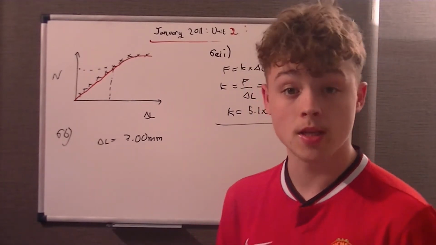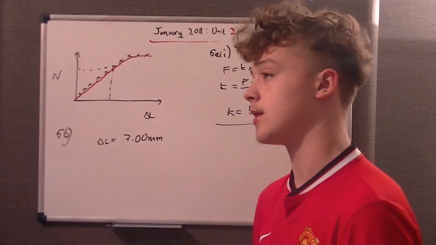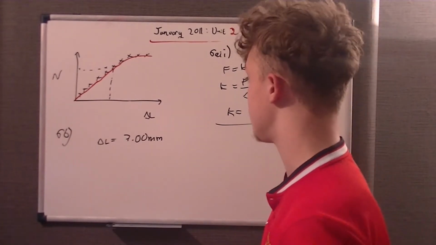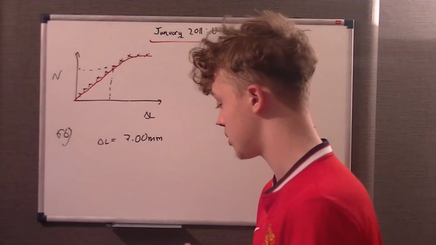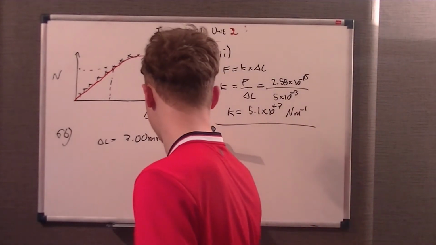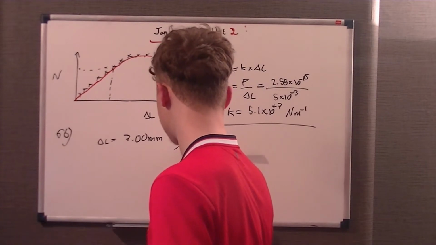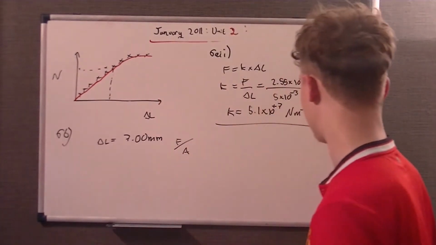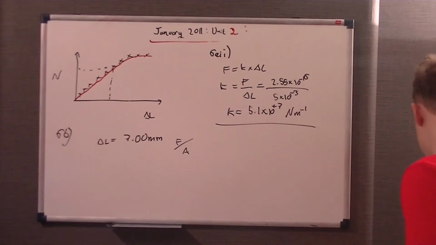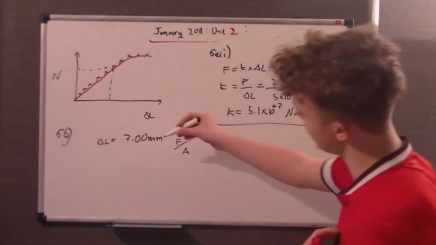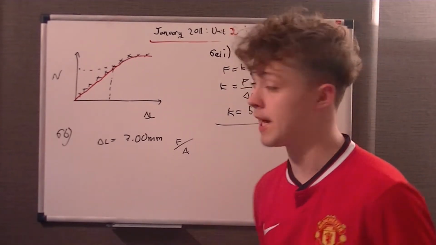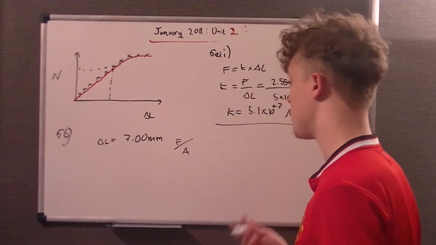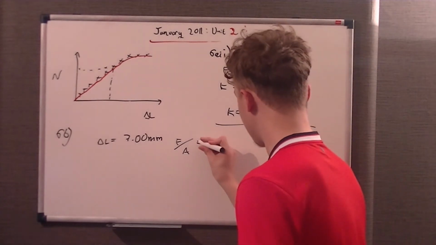Stress is tension over area, and strain is delta L over L, and you combine them to get Young's modulus, but it's asking for stress, so stress is F over A, force over area, or tension over area, it doesn't really matter. If we read up from 7 millimeters on the graph, we get the newtons, so you need to draw another line from 7 millimeters up, read the force and plug it in.